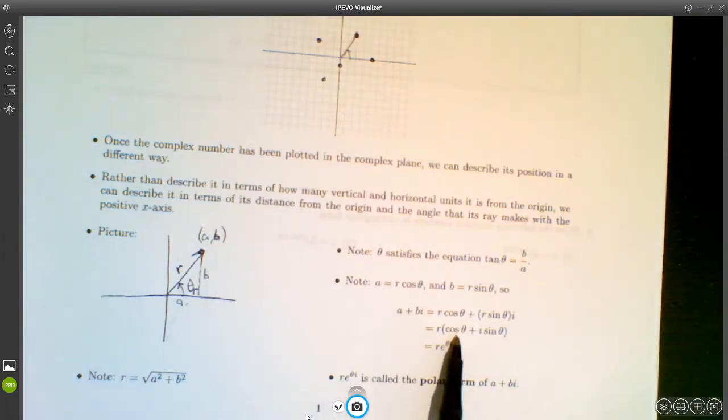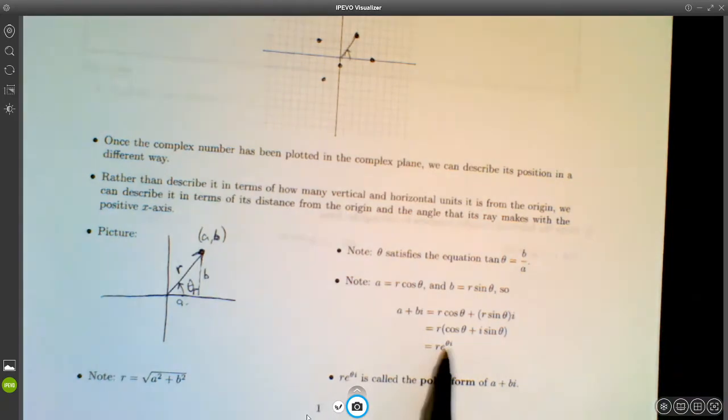We know that cosine x plus i times sine x is e to the ix, right? Or if we're using theta instead of x, cosine theta plus i sine theta is just e to the i theta, or e to the theta i, however you want to say it. So this thing right here, r times e to the theta i, is called the polar form of a plus bi.